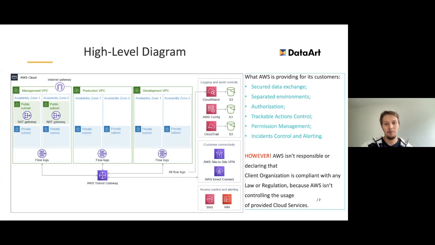On this diagram, you can see a high-level diagram created by AWS itself, showing how they see general cloud infrastructure for healthcare services. They are doing a logical split of the virtual cloud, dividing it into management VPC, production, and development environments. It's basically just an example, so you can have as many environments as you need for your organization.